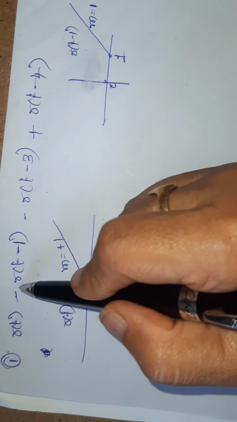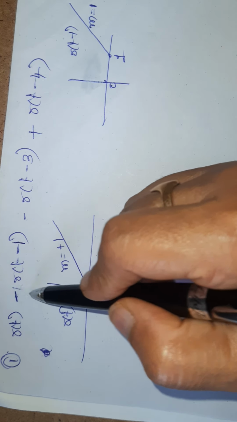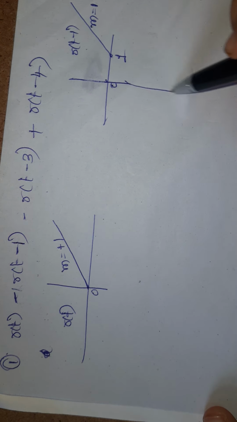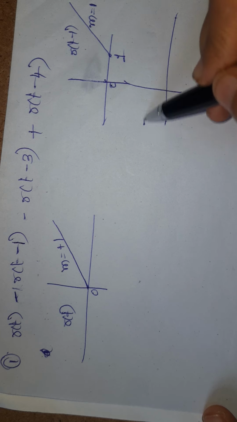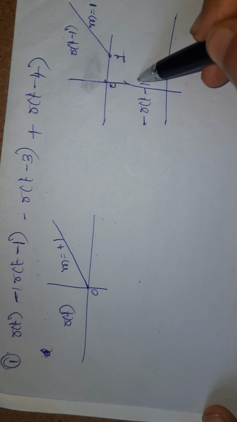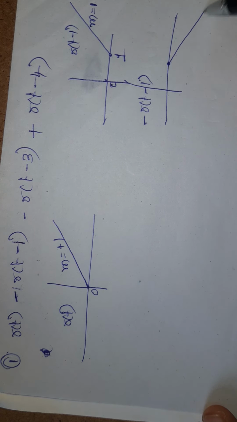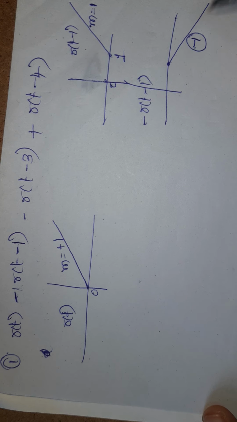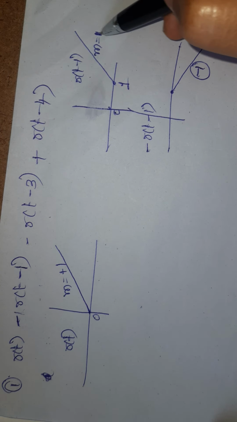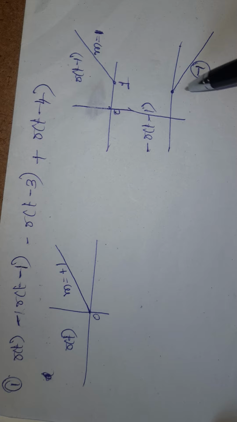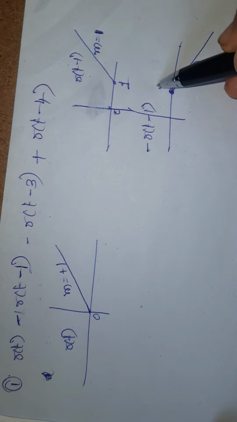Here what is the slope? It is minus 1. So the signal should be like this. Minus R of t minus 1 should be like this. It is having the slope minus 1, while here it is having the slope plus 1. It is starting from 1.